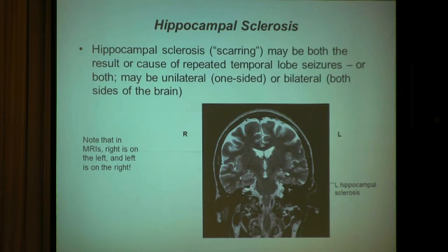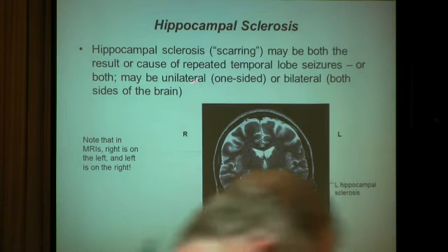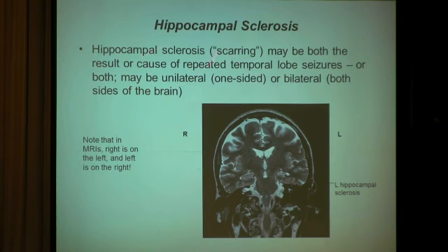There are mechanisms that the brain tries to wall off the damaged area and forms these scars. Hippocampal sclerosis, we're not really sure about this, whether it's the cause or the result of repeated temporal lobe seizures. Nonetheless, you can have it unilaterally or bilaterally, but it's always associated with memory loss.